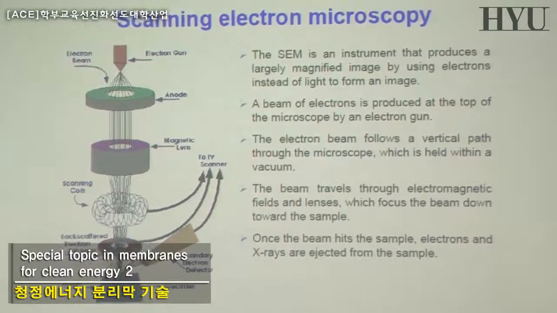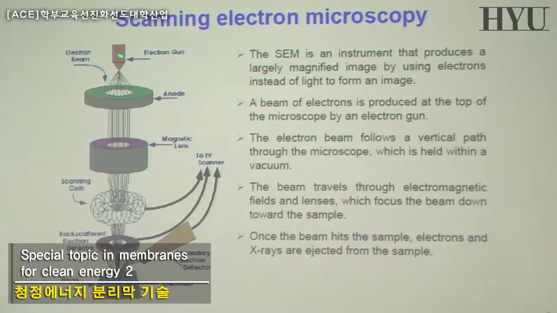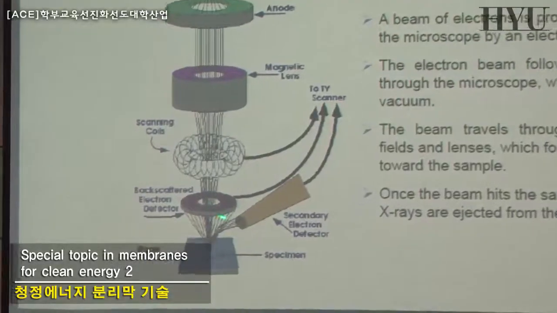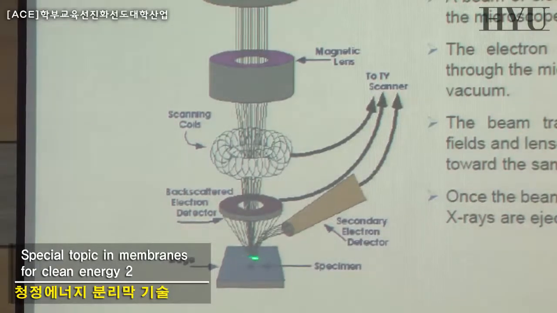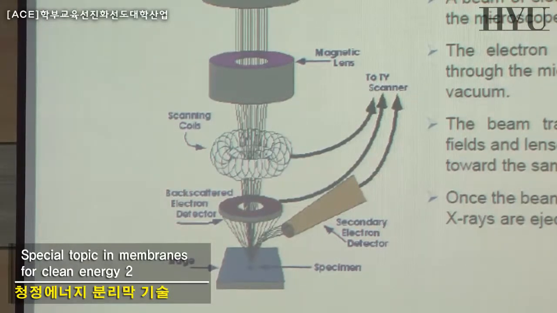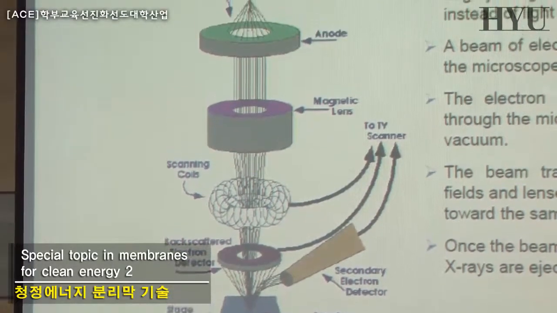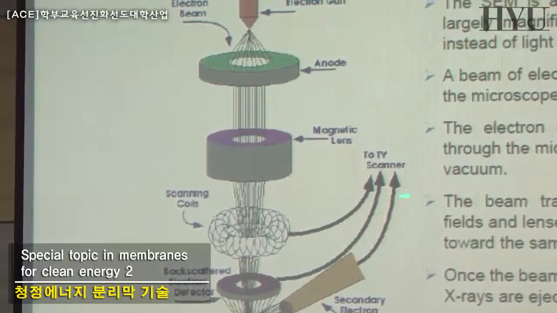You put the membrane specimen at the bottom, and your electron gun bombards the electron beam, and through the anode and the scanning lens, your beam is focused onto one surface of the membrane, so that the electrons are reflected, and can be collected by the imaging analyzer.